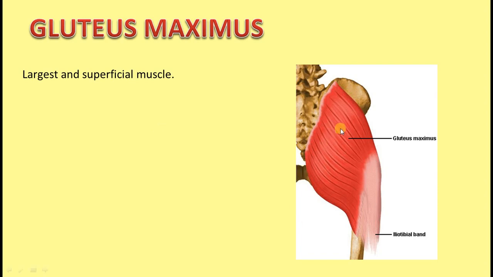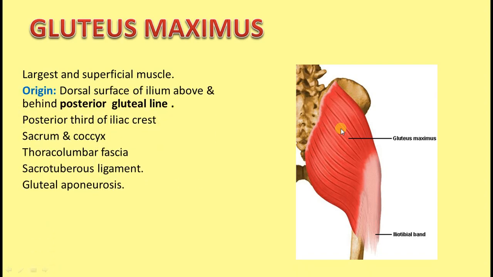You know that it is a very large and superficial muscle, immediately present deep to the deep fascia. It has a very extensive origin from the gluteal surface of the ilium behind the posterior gluteal line.